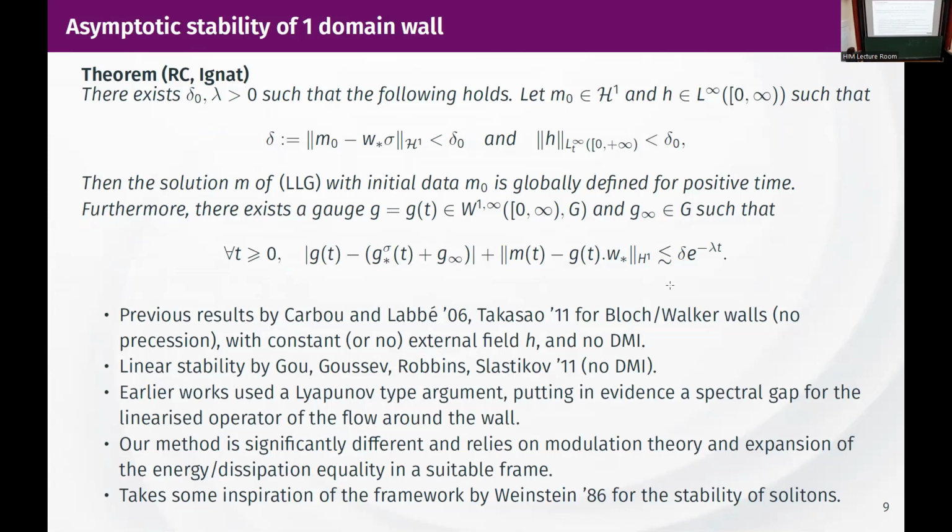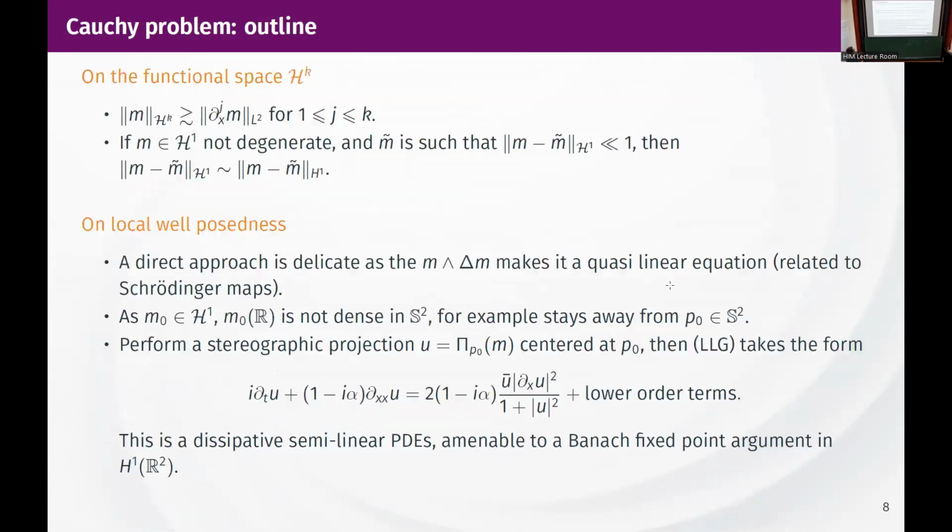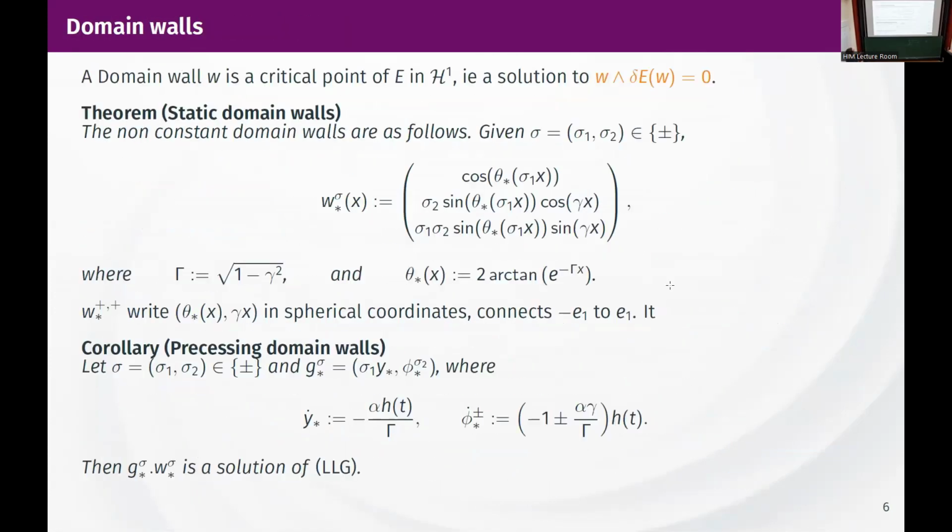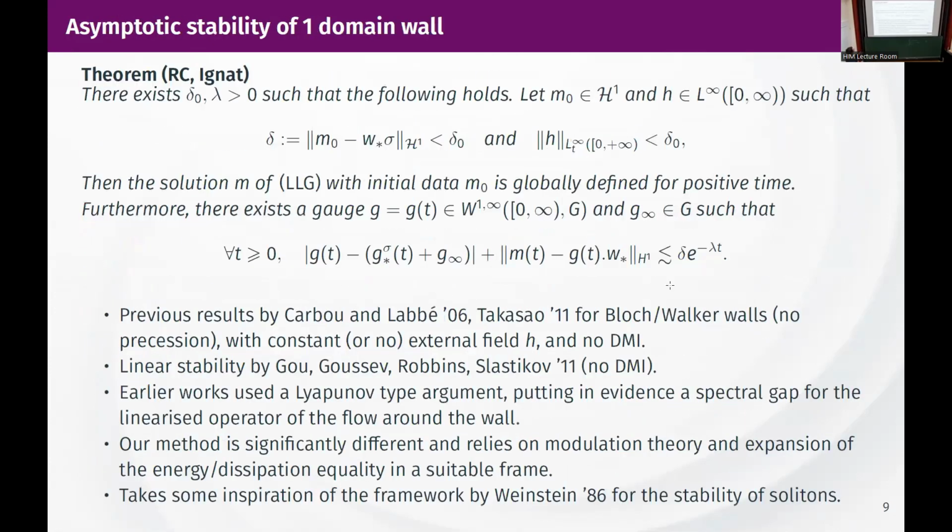The sigma should be an exponent, and the sigma corresponds to the plus and minus. You're close to one domain wall in H1, and you assume that your external field is small.